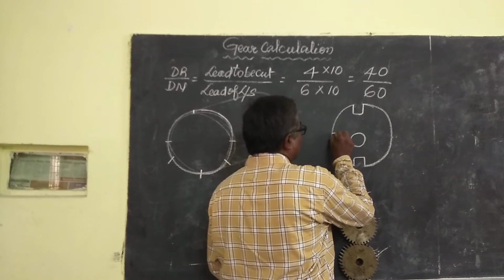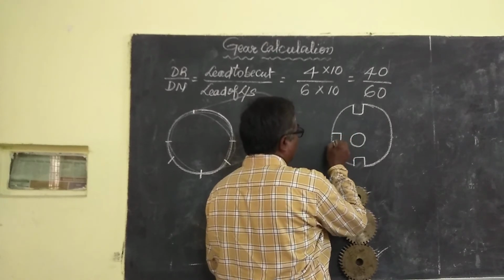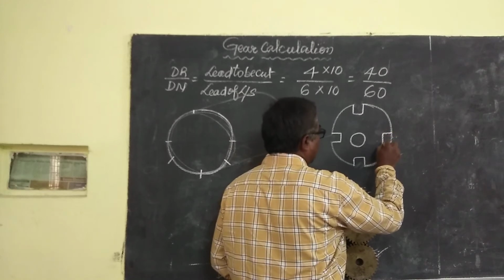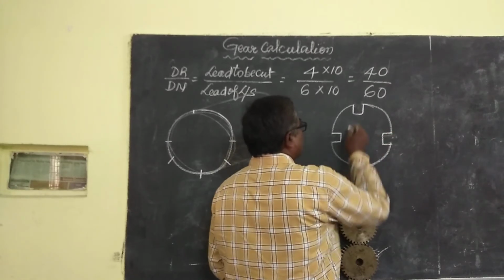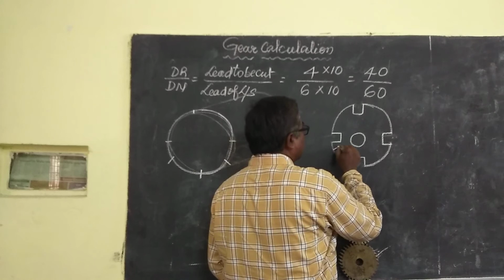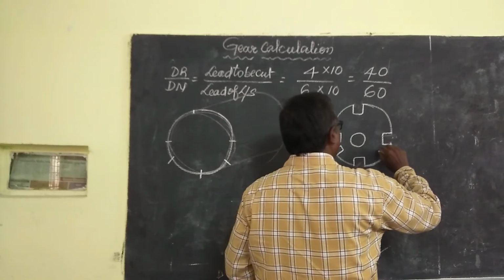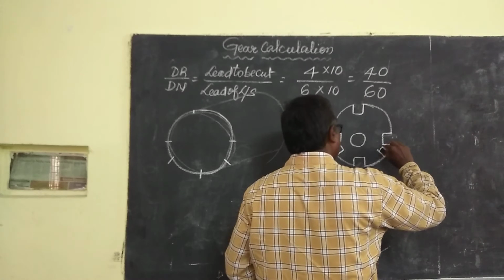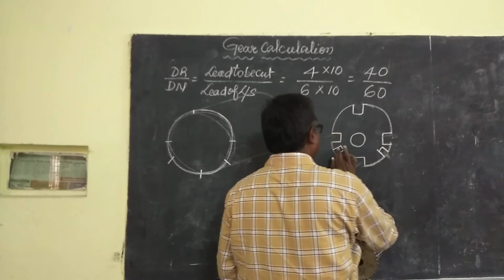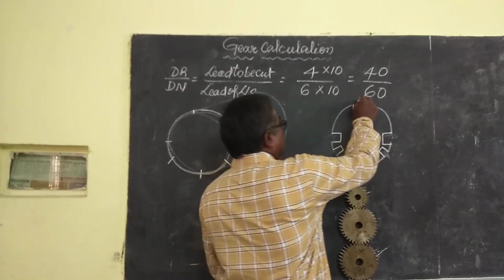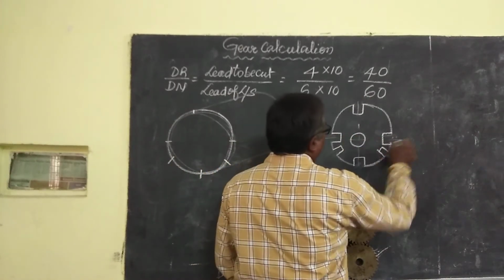Then here also there is another slot. Here also there is another slot. Apart from this, there is one more slot here and one more slot here, at about how many degrees? 120 degrees. 120 into 3 is 360. So this is the circle, it makes 90, 90.